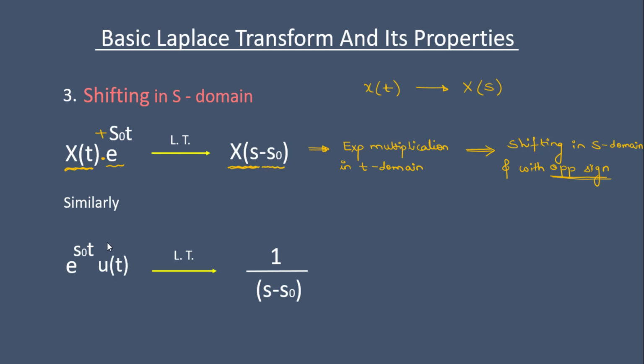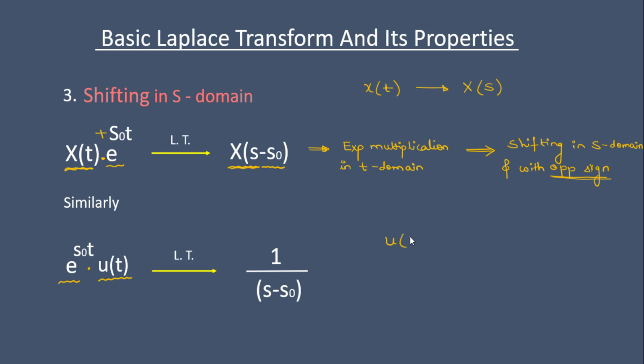Similarly, we can use the shifting in S domain property with respect to u of t. I have a signal u of t and it is multiplied by an exponential signal e raised to S naught t. So the Laplace transform of u of t into e raised to s naught t is 1 upon s minus s naught.